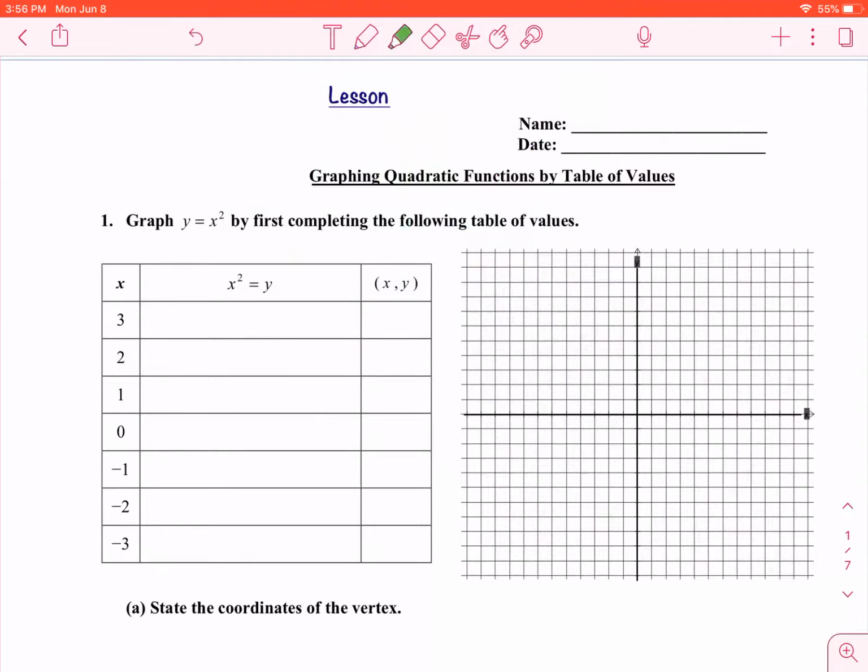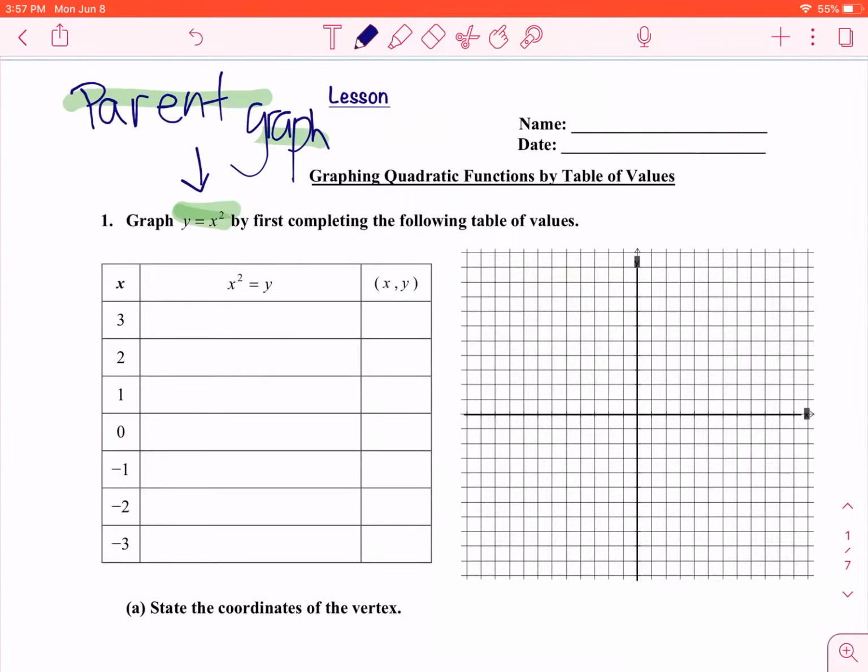Okay, so what we're going to do here, it says graph y equals x squared by first completing the following table of values. First it's important to mention that y equals x squared is your parent graph, where your parent graph is like your base transformation graph. What I have here on the left side are different x values, and they range from +3 to -3.